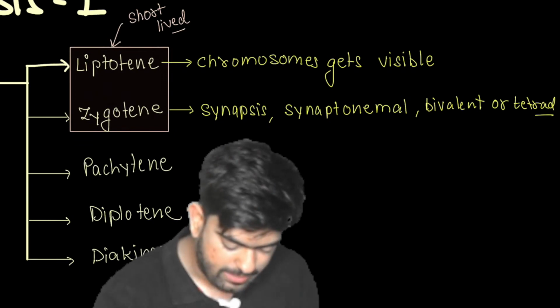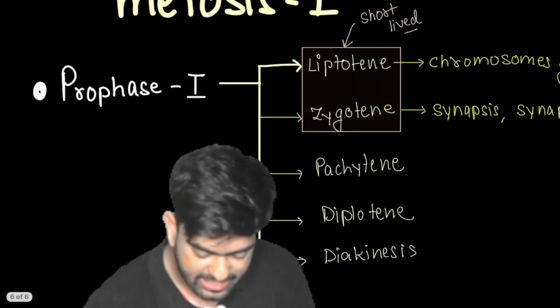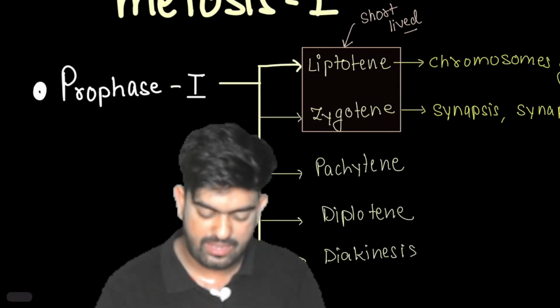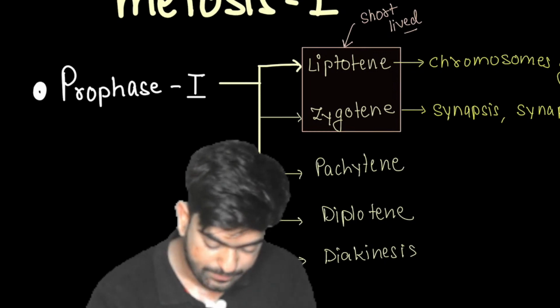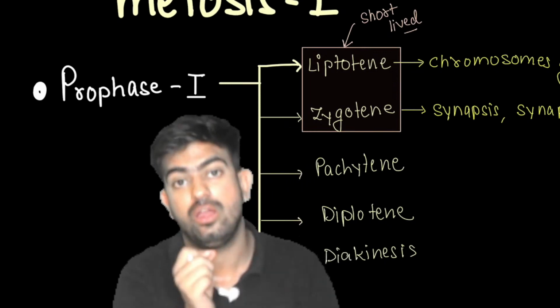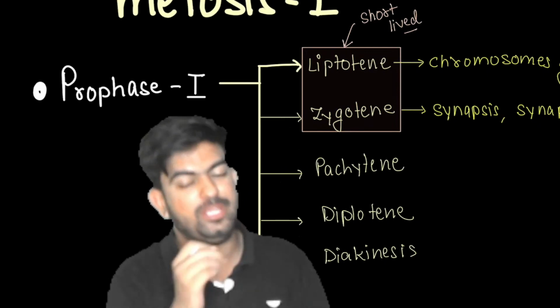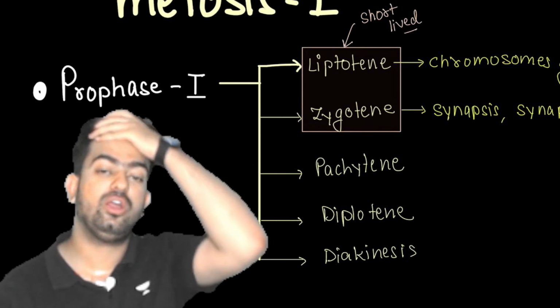Now let's come to the next stage. And what is the next stage? We have pachytene. So what happens in pachytene, sir? In pachytene, the major thing of meiosis occurs. Any guesses? What is the major thing of meiosis?